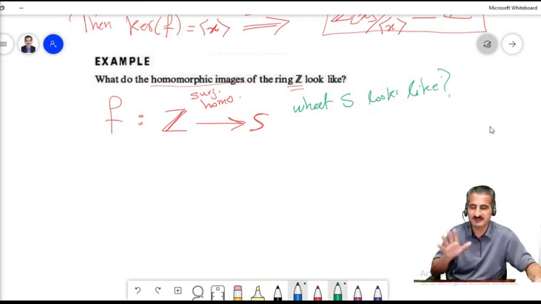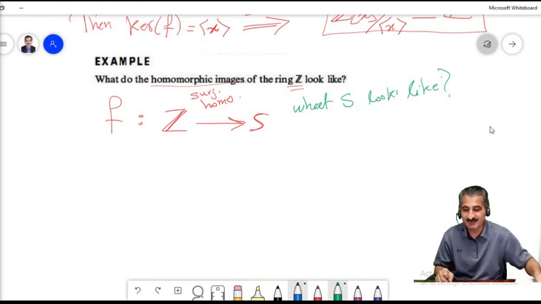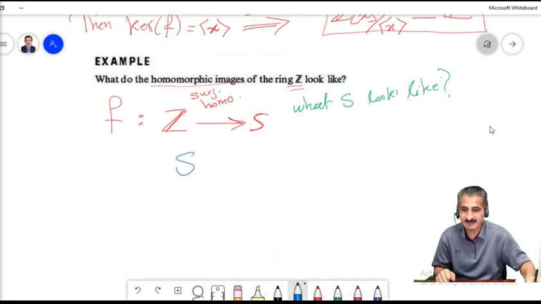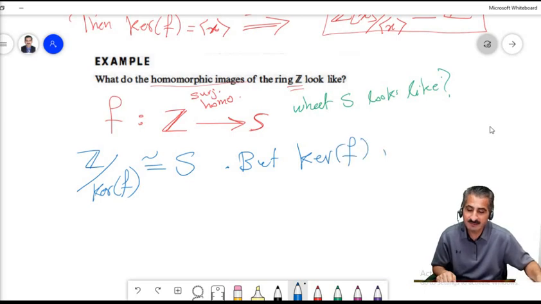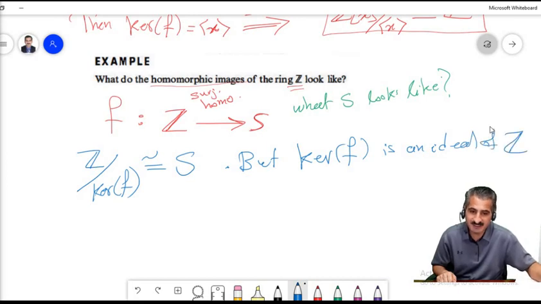Because f is a homomorphism taking Z to somewhere. But we know that S, the one we are asking about, is isomorphic to Z over the kernel of f. Good? But the kernel of f is an ideal of Z. It must be an ideal of Z.